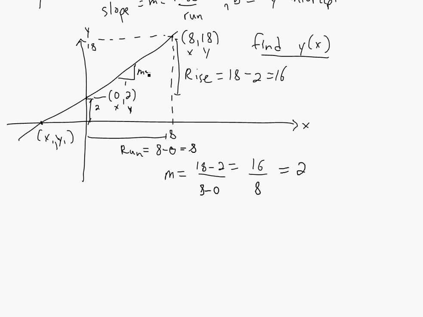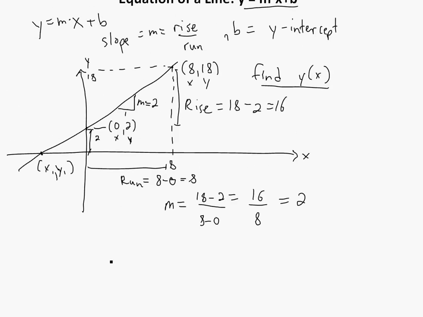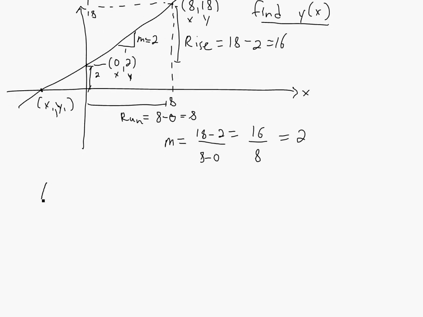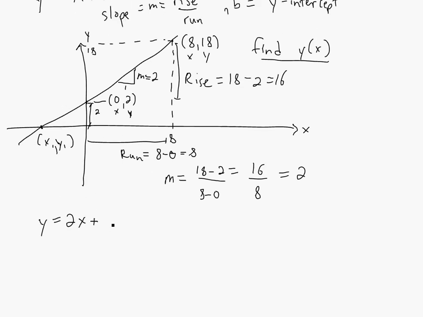This just means for every 1 step run you rise 2. Now we have y equals 2x plus, well, we know b is the y-intercept, so that's just 2.